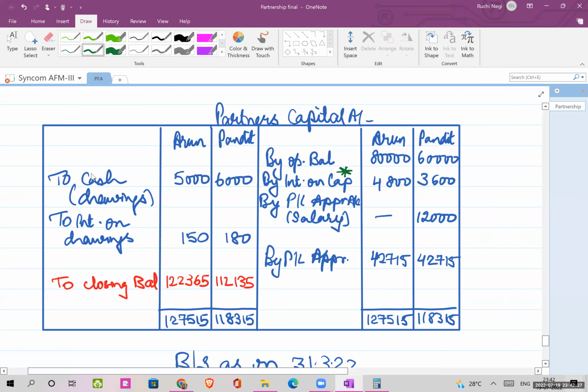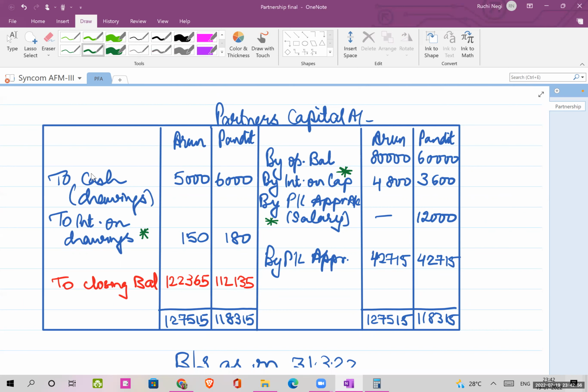Okay, then salary ka second effect, P&L appropriation debit first effect, and second effect, partners capital credit. Then interest on drawings ka second effect, interest on drawings, P&L appropriation credit side, so partners capital debit side.